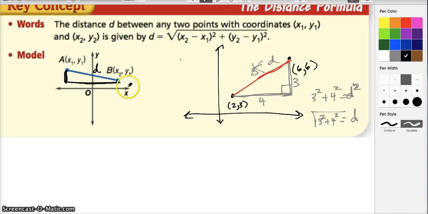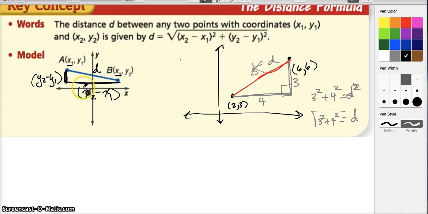So d would be the hypotenuse, that's the distance we're looking for. To find the horizontal distance, we find the difference between the x terms: x sub 2 minus x sub 1. And the vertical distance would be y sub 2 minus y sub 1.